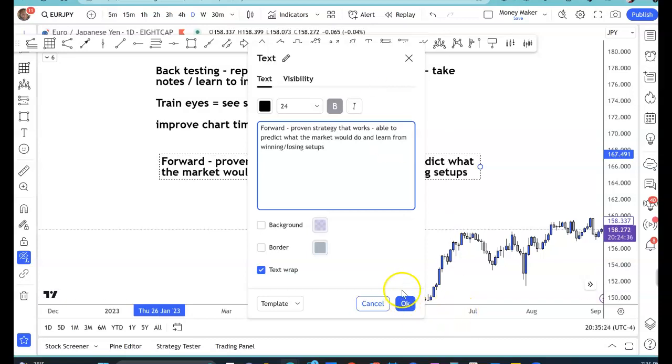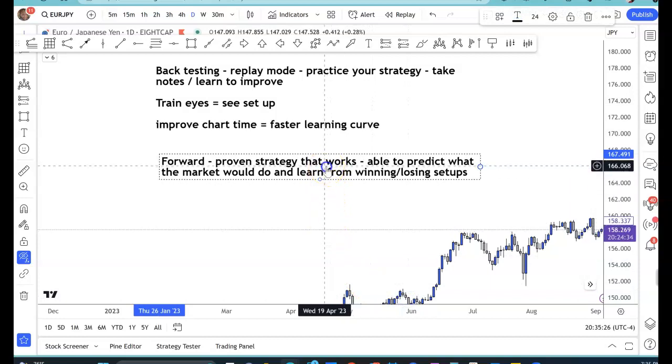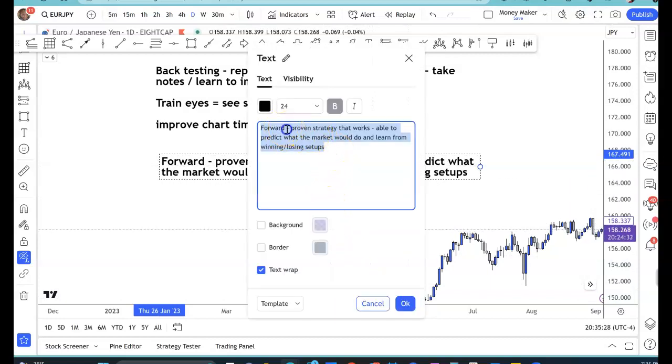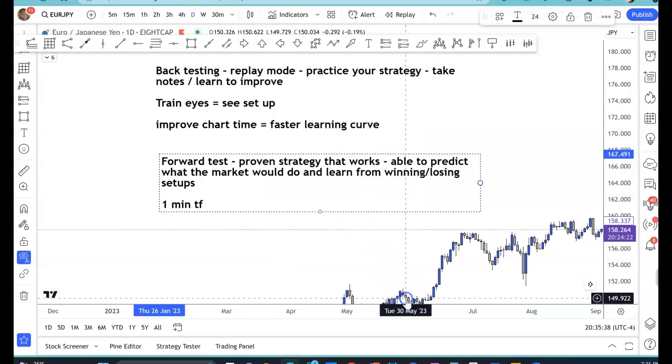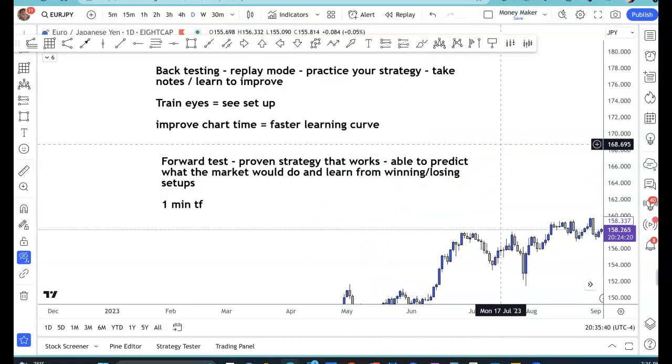And so typically when you forward test, you want to do it on the 1 minute time frame, because the market moves a little bit faster. Now don't confuse the 1 minute time frame with wanting to trade on a higher time frame.